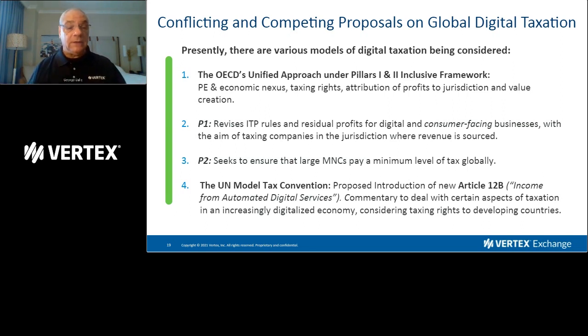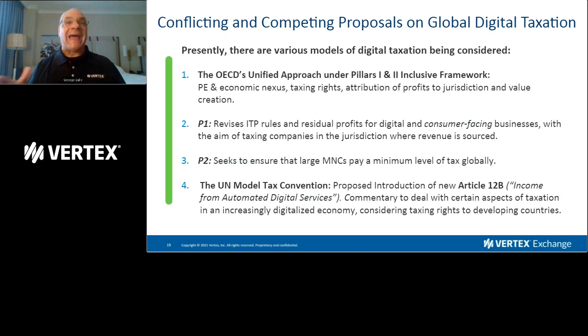So as you can see here, under Pillar 1, which is called the inclusive framework because it supposedly includes the majority of nations in the world. Right now, as far as Pillar 2 is concerned, you probably heard recently that 136 of 140 countries have already agreed to a 15% minimum global tax.